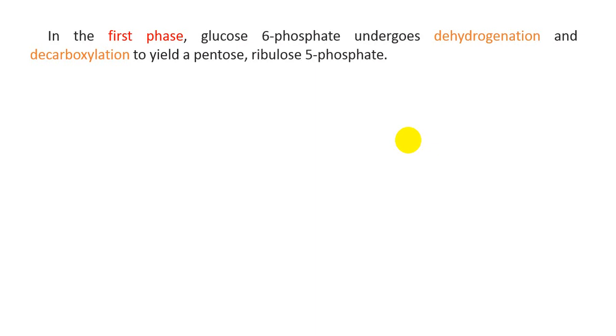The first one is dehydrogenation, and the second one is decarboxylation, to yield a pentose, ribulose 5-phosphate. So in the first phase the substrate is converted to ribulose 5-phosphate after 2 steps, dehydrogenation and decarboxylation.